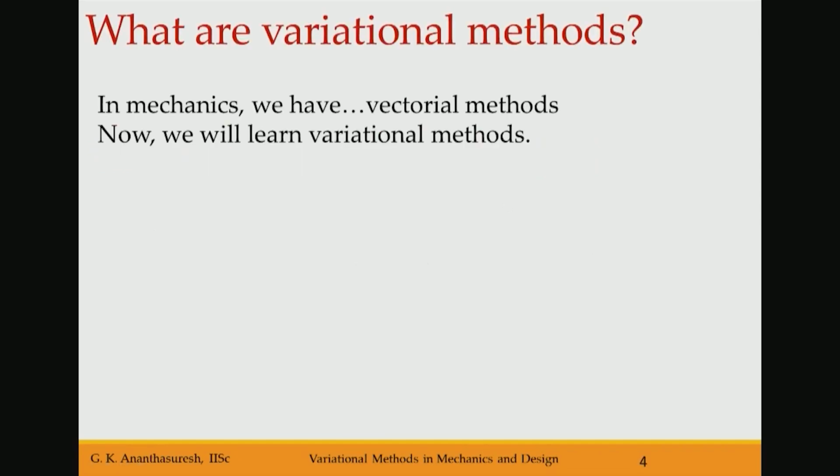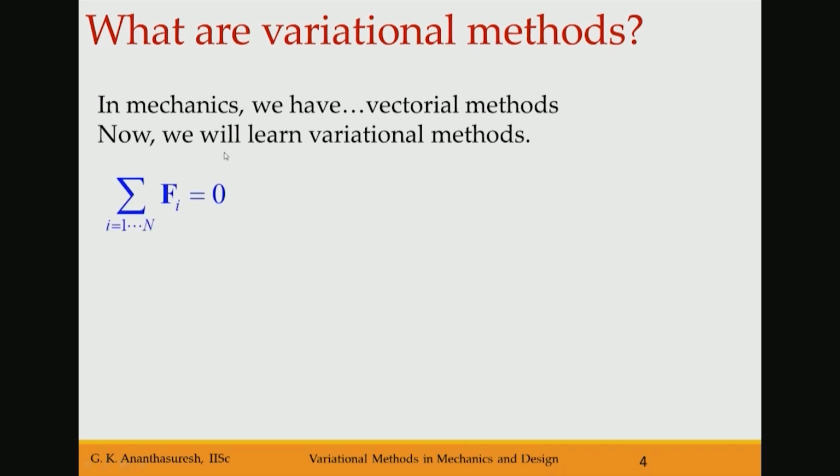So, let us ask the question, what are variational methods? In mechanics, we have what we know as vectorial methods. As opposed to vectorial methods, now we are going to discuss variational methods. Let us first understand what vectorial methods are, and then we will understand what variational methods are.